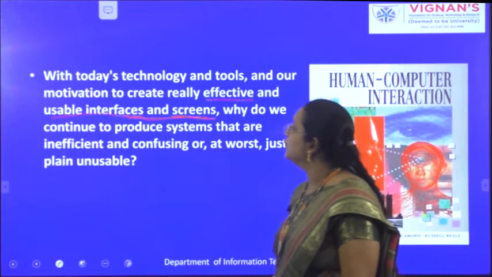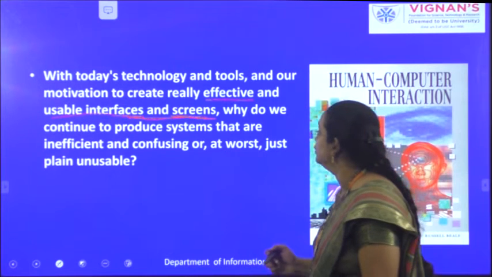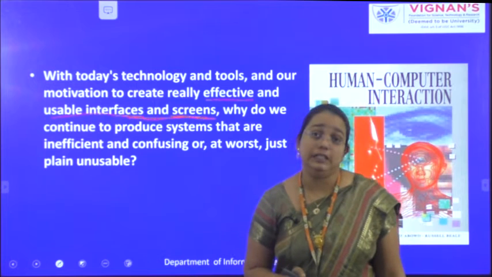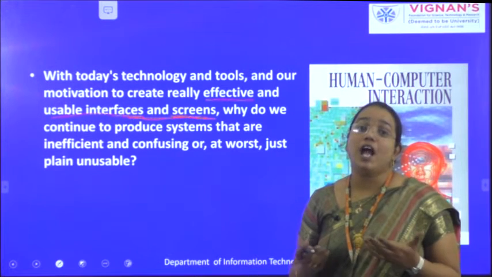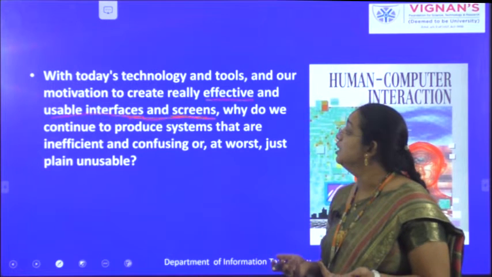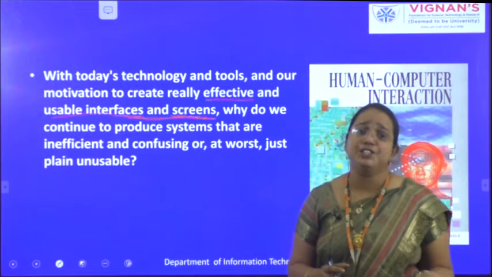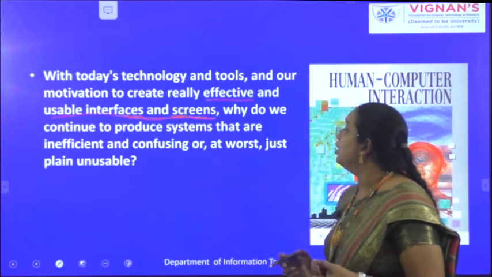Then why do we continue to produce systems that are inefficient and confusing or, at worst, just plain unusable? Here the question is, even though we have this much advanced technology and tools, why are we continuing to produce systems that are inefficient, not interactive, and confusing?